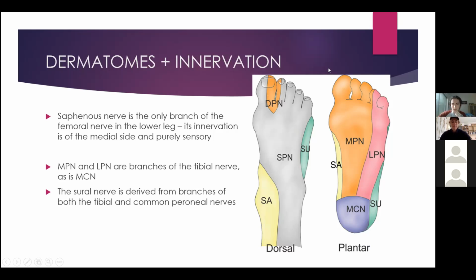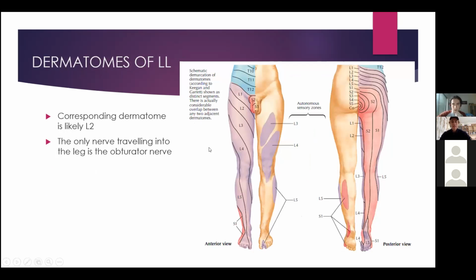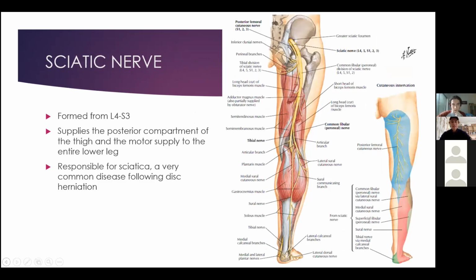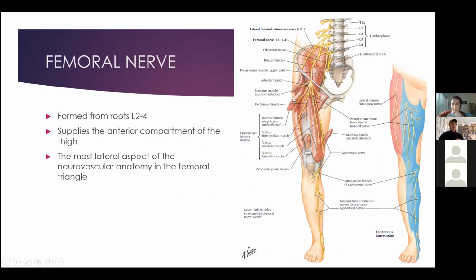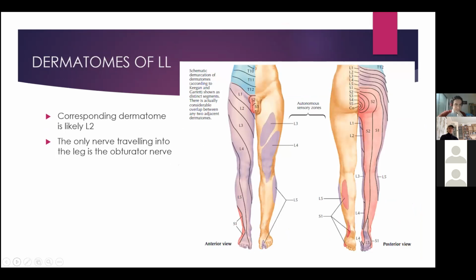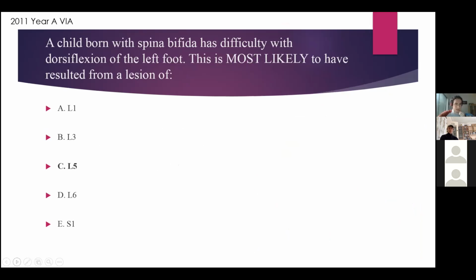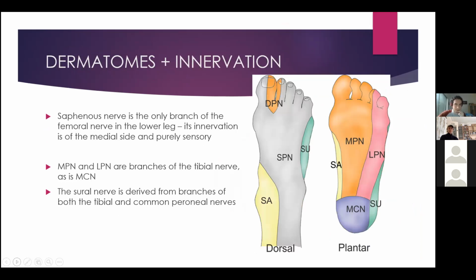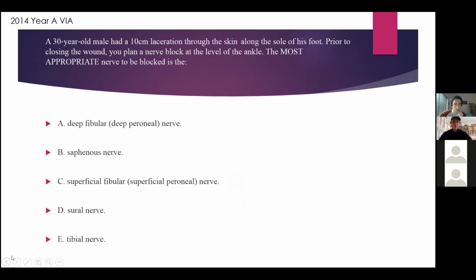I'll probably just go back to this one here. So this is the saphenous nerve's innervation down here, and it's purely sensory. And it runs, well, not with the, but in the same course as the saphenous vein, or the great saphenous vein.